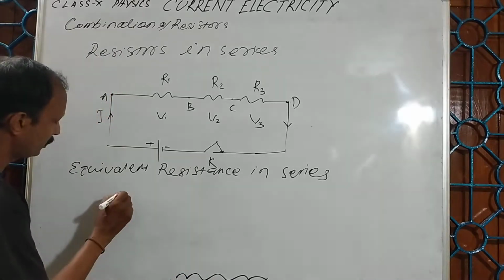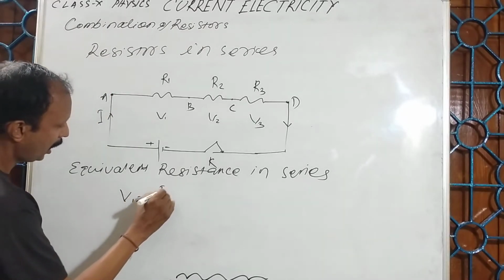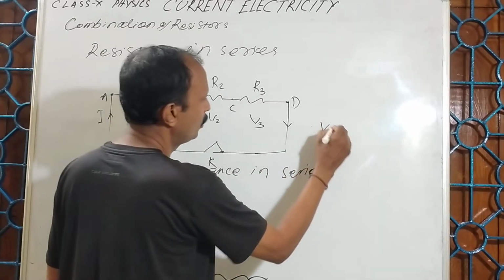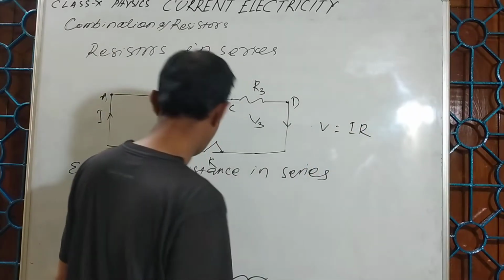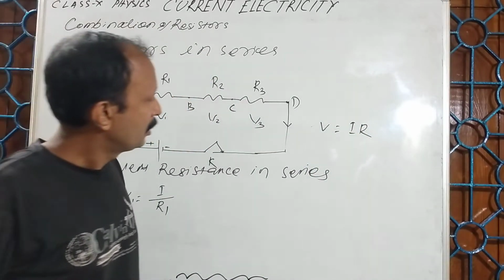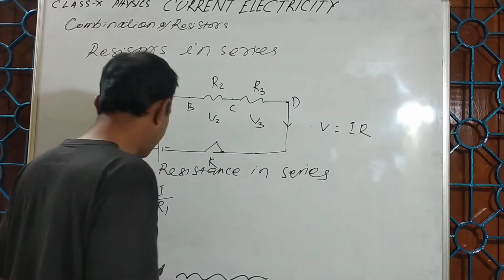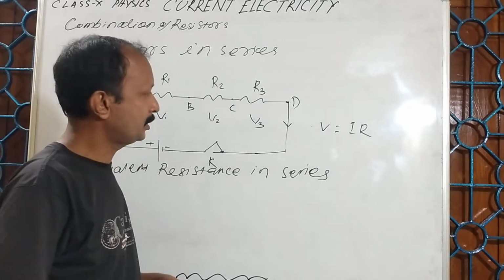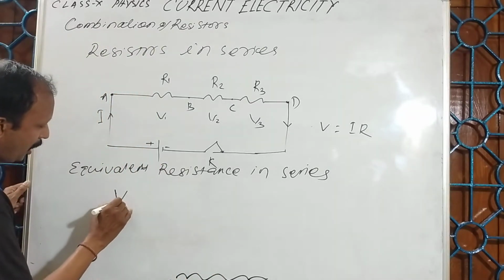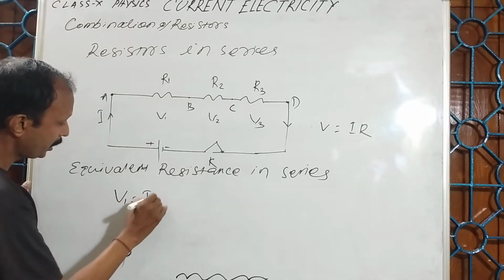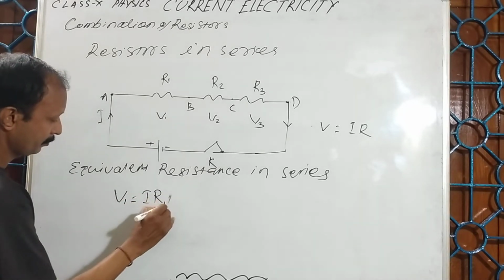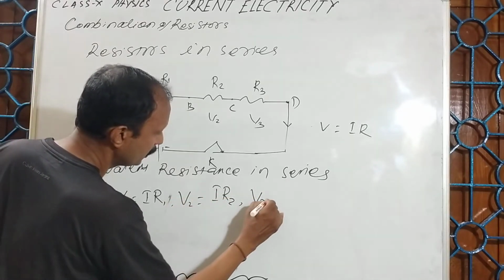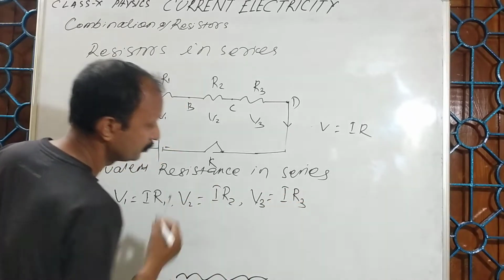From Ohm's law we know that V equals I R. So in this case V1 is equal to IR1, V2 is equal to IR2, V3 is equal to IR3.